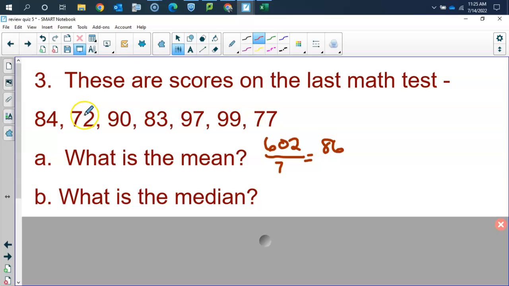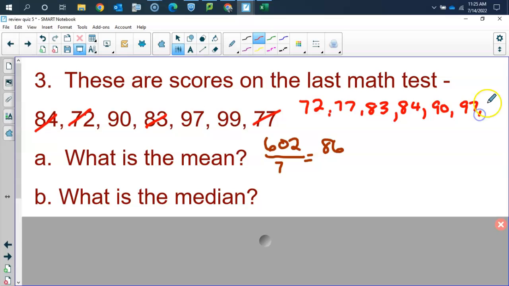I think that is one of the most difficult things when you are doing one of these problems, especially if you're doing it on a computer. 72 would go first, and then I'm going to cross that out, then 77, then 83, then 84, then 90, 97, 99.